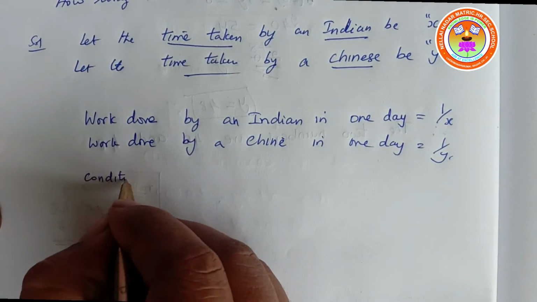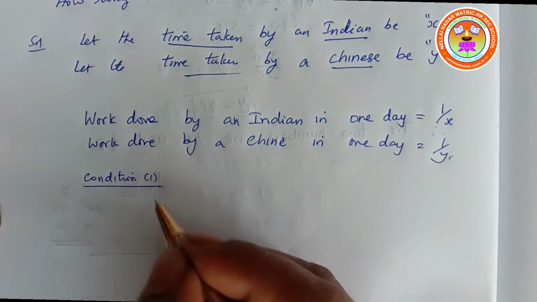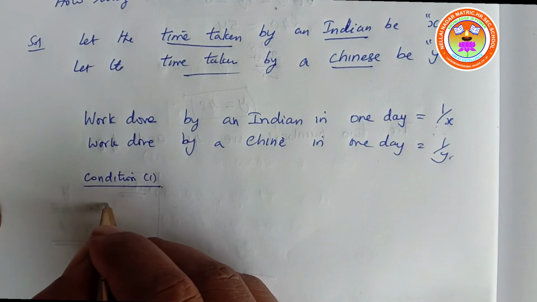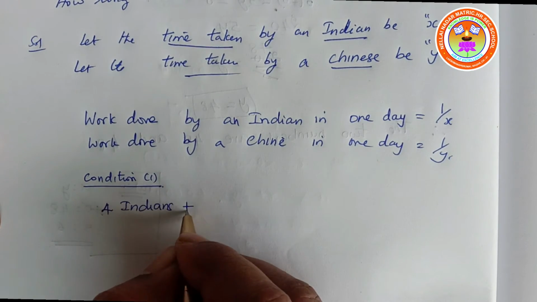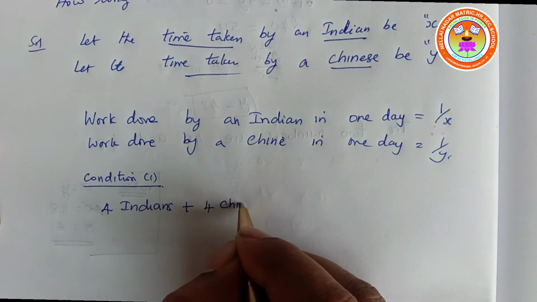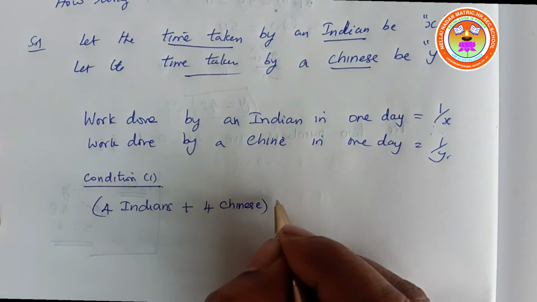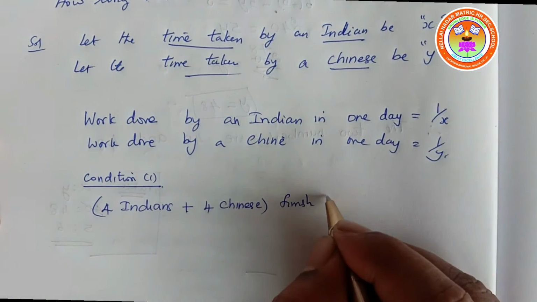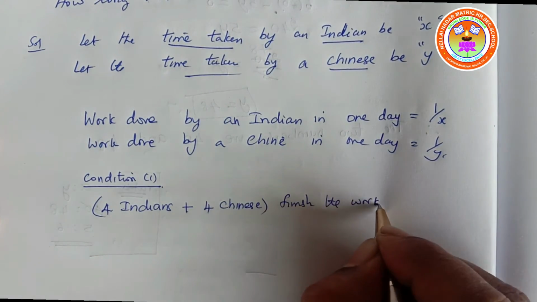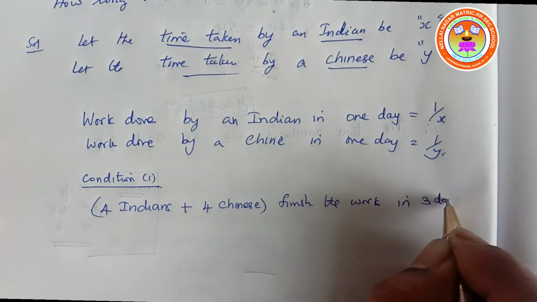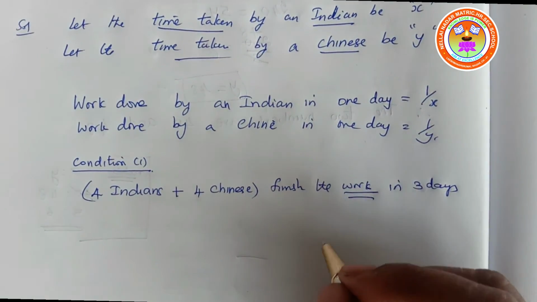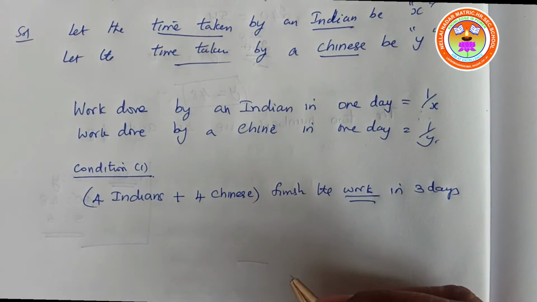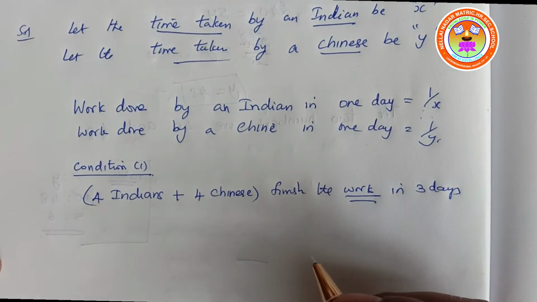What is given in condition 1? 4 Indians plus 4 Chinese finish the work in 3 days. Okay, that is work done. So both the Indians and Chinese, both of them together finish the work in 3 days.